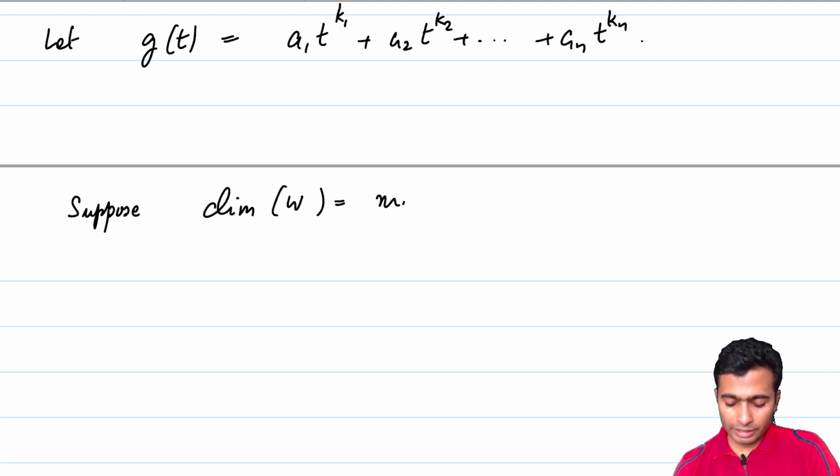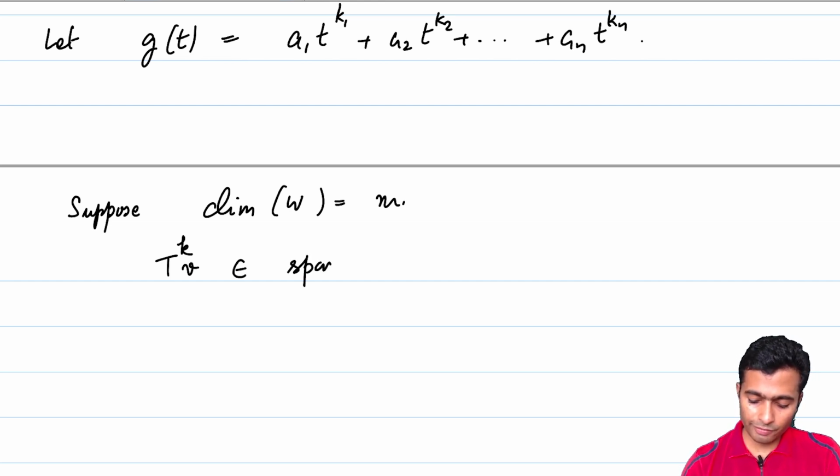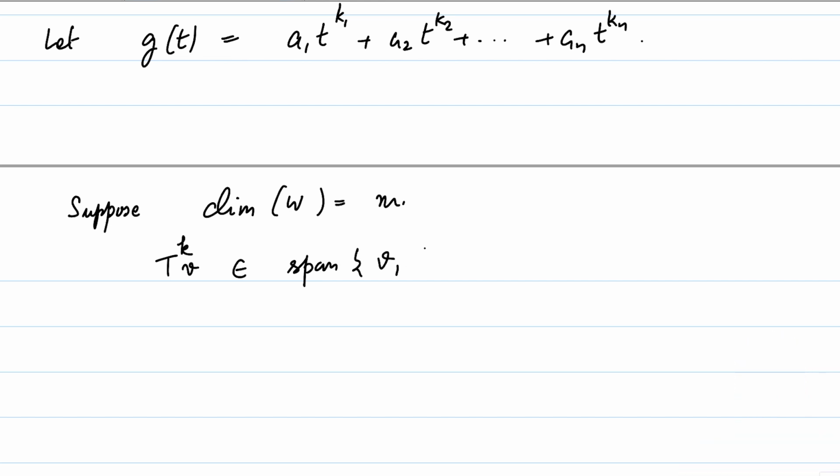So my first claim is that T to the power k v belongs to the span of v, Tv, up to T^m v. Let me put it as m plus 1 so that I don't have to worry about keeping this m minus 1 at the top. I can now write safely T^m v for all k greater than or equal to m plus 1.